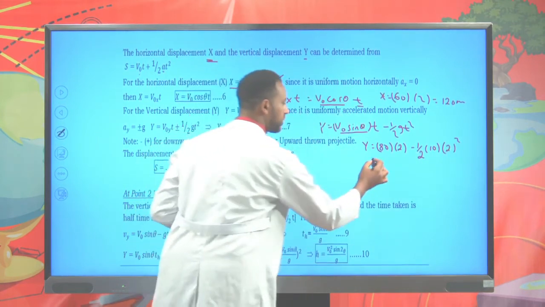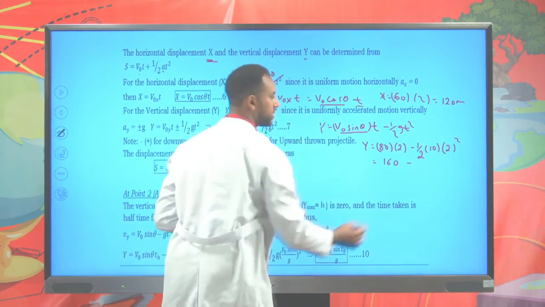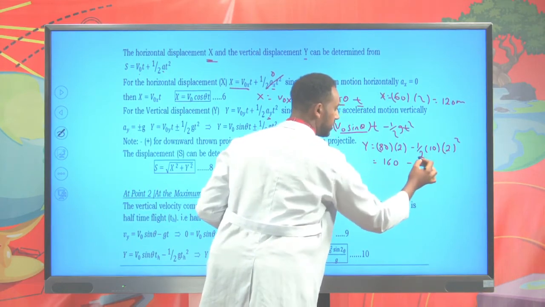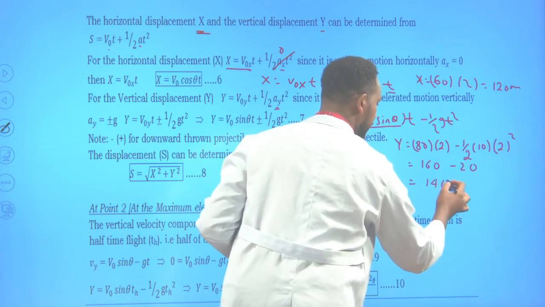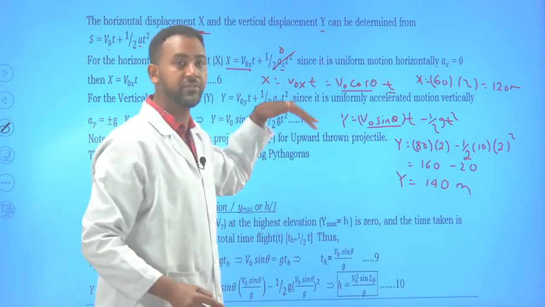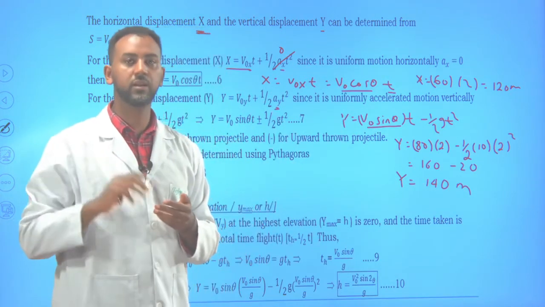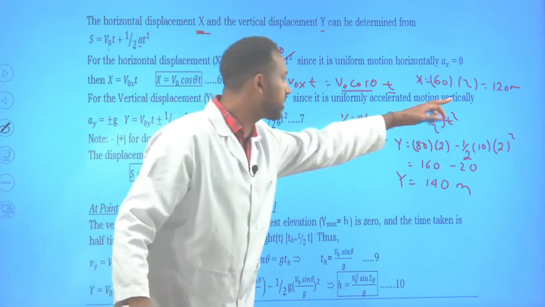Therefore, this gives us 160, and this gives us 40. You can eliminate 2 squared, 4, and here 20. Therefore, when you subtract these two, this gives us 140 meters. The vertical elevation of the projectile becomes 140 meters, and the horizontal component is 120 meters.